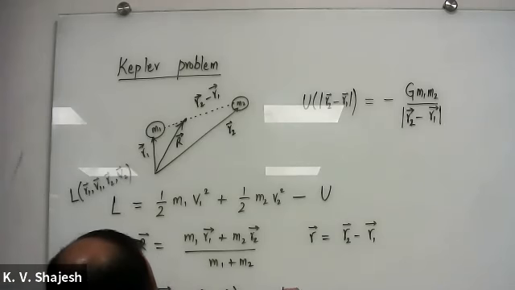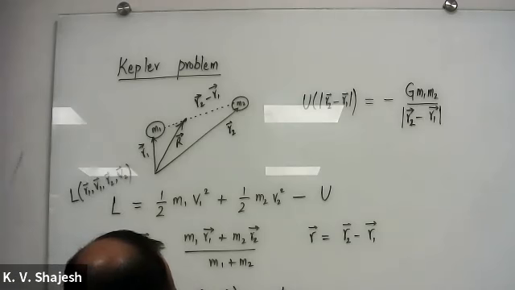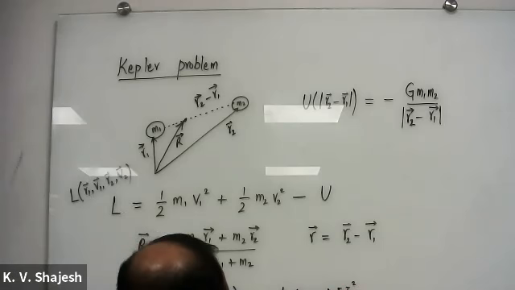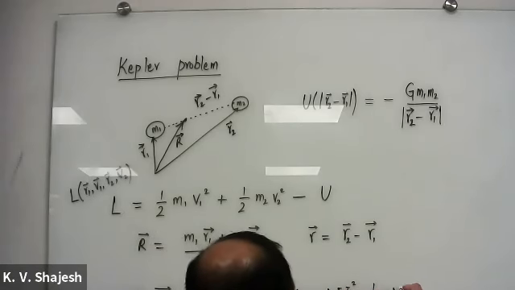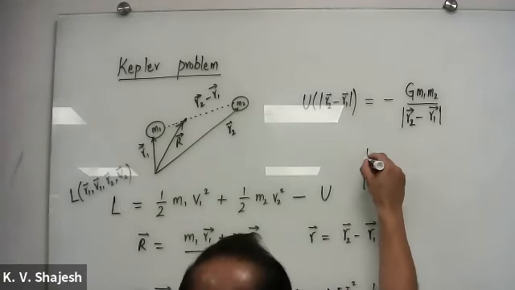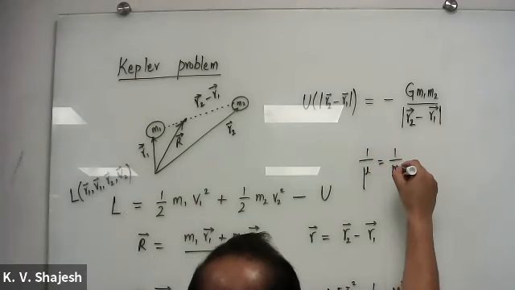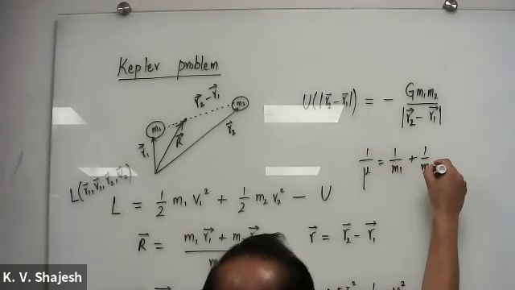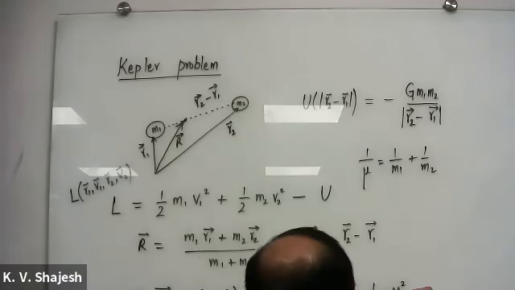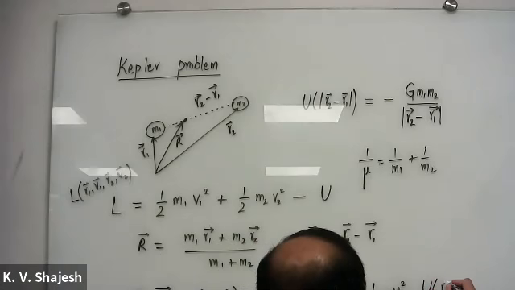And in terms of that, we showed that this is half m1 plus m2 capital V squared, and then half of a reduced mass mu times v squared, where mu is defined as 1 over m1 plus 1 over m2, inverted, and minus u of r.